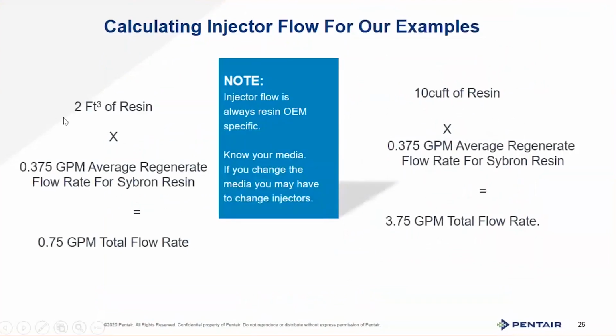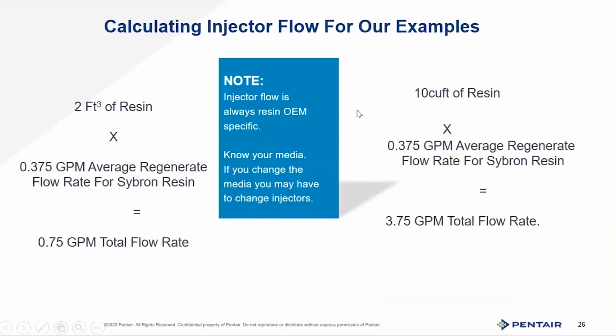Okay, and in the situation prior, we had 2 cubic feet of resin in the residential case at 0.375 gallons per minute. Average rate for that resin equals 0.75 GPM total flow rate of the brine coming out of the tank mixed with the water coming into the injector.